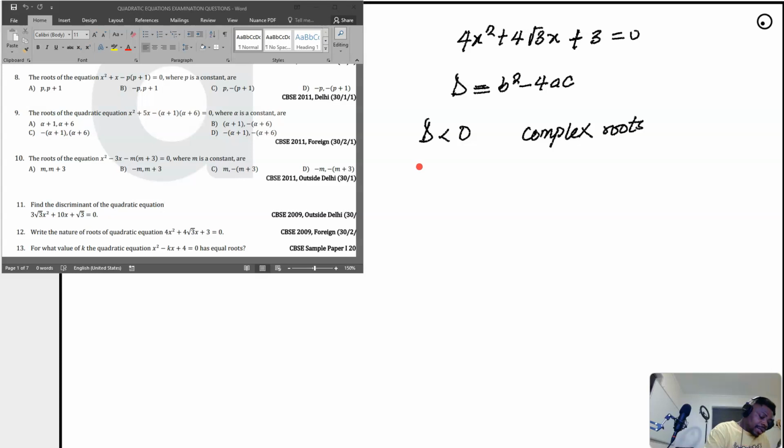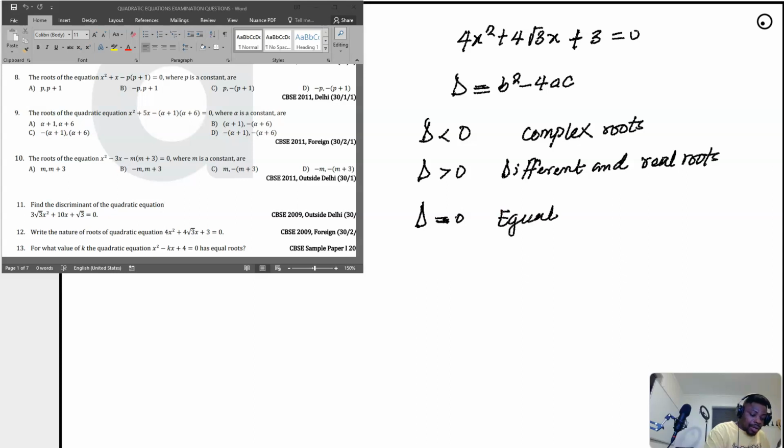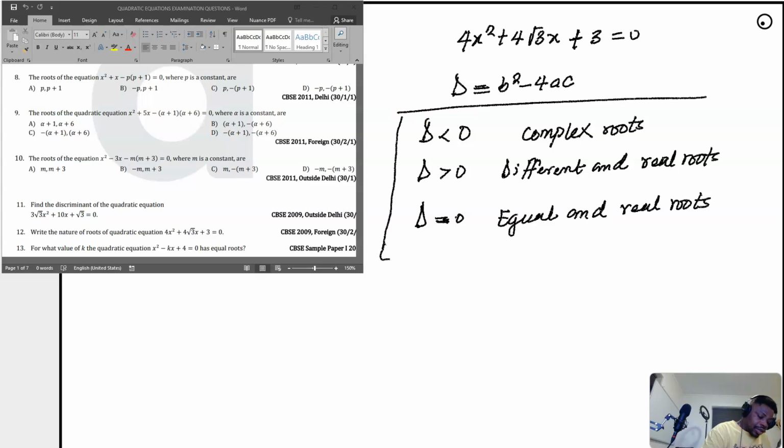When your discriminant is greater than 0, it simply means the roots are different and real roots. Okay? When your discriminant is equal to 0, it simply means the roots are equal and real roots. So, these are the conditions, the nature of roots.